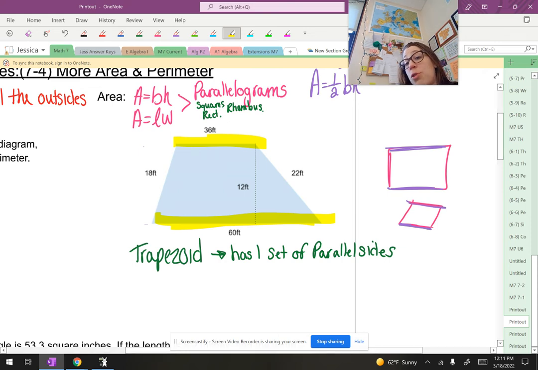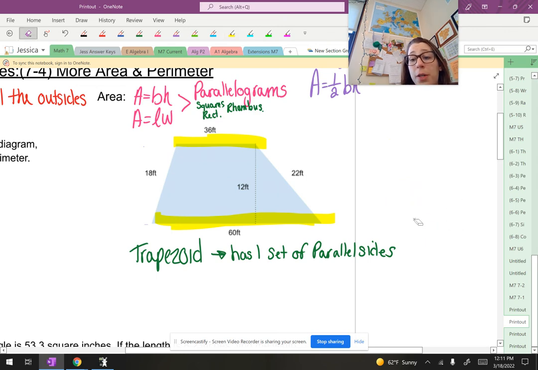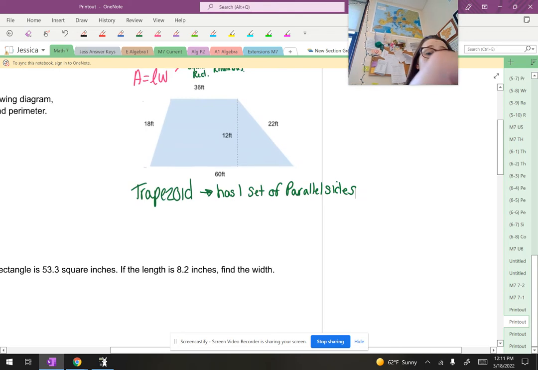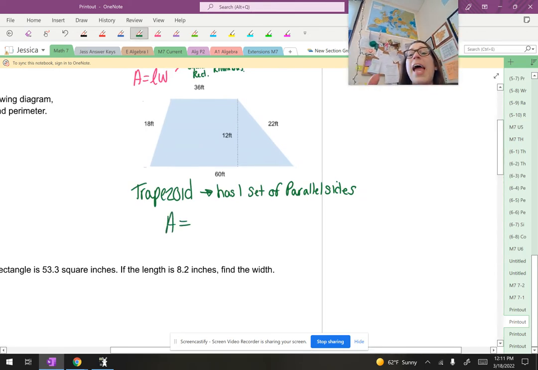Do I use the 60 or do I use the 36? Whereas with our parallelogram here, using this base would be the same as using this base because those are the same. We know that those opposite sides are congruent there. So because of that, when we're finding the area of a trapezoid, we need to average the bases together.